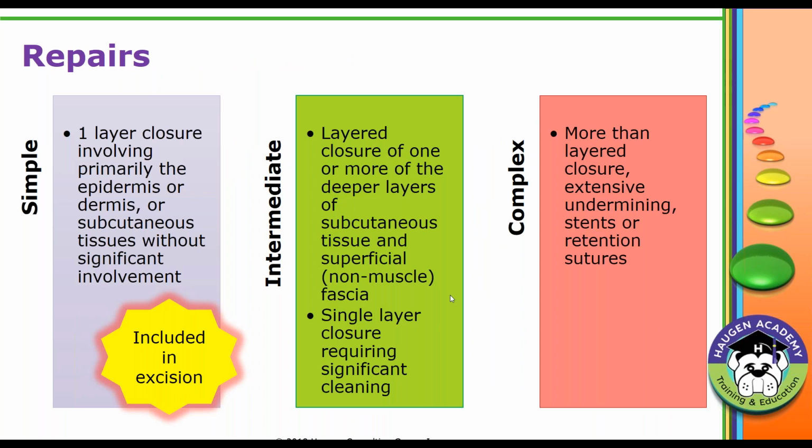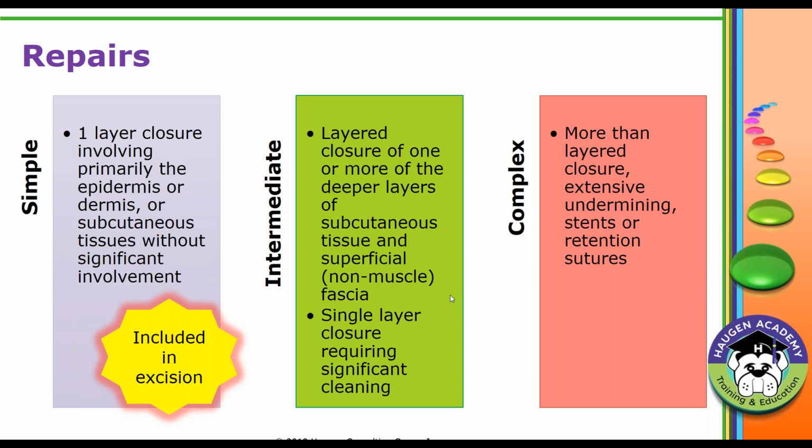All right, so moving on to our repairs. Like I said, simple repair is always going to be included in your excision. You're not going to code that separately. A simple repair is a one-layer closure that primarily involves the epidermis or the dermis, or it can involve subcutaneous tissue without significant involvement. A lot of times in the notes, you'll see single layer closure or one layer closure, or sometimes they'll even say simple repair, but those are keywords that you'll look for.